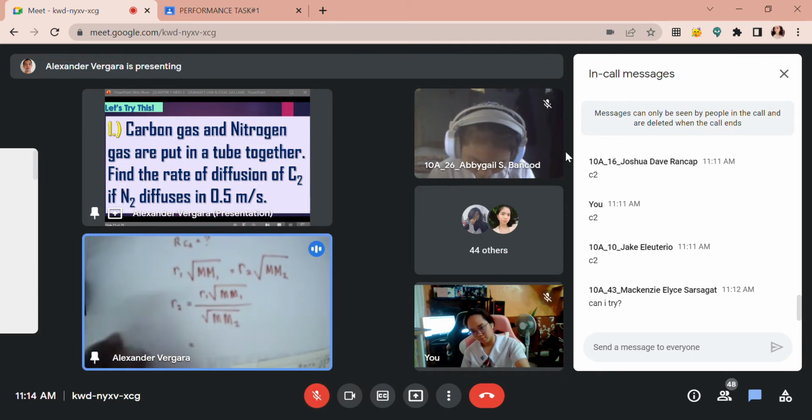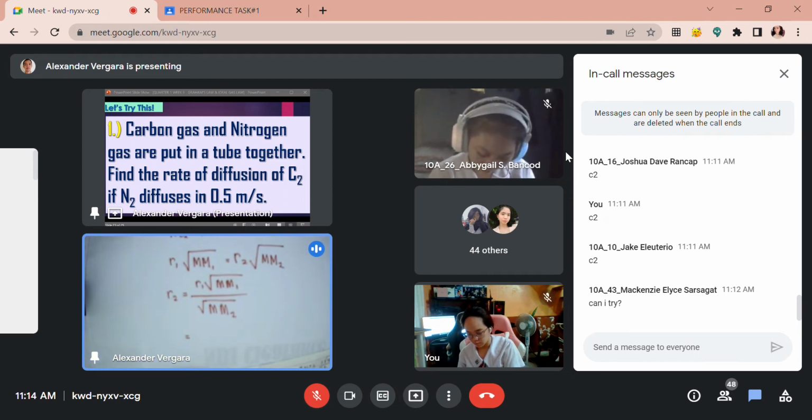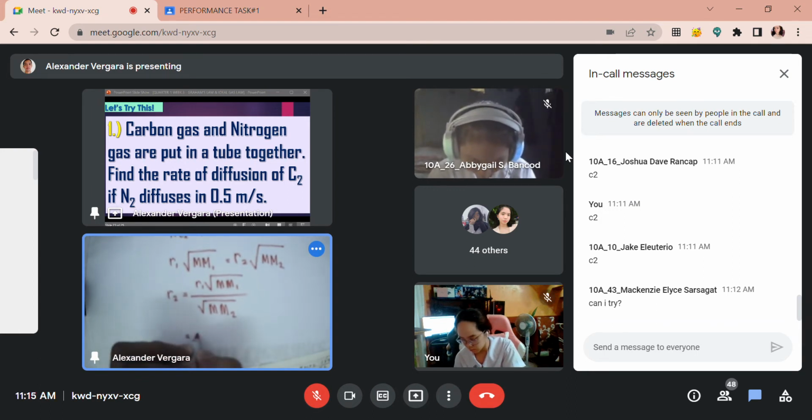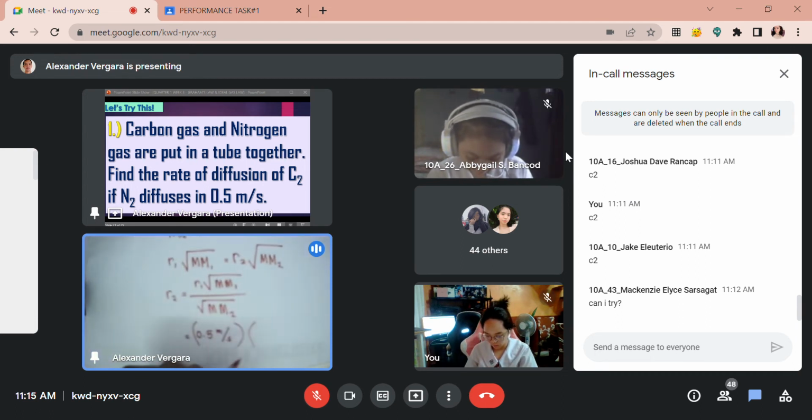So let's substitute. What is our R1? R1 is the gas one that is lighter. So meaning to say that will be 0.5 meters per second multiplied with the square root of what is our MM1?